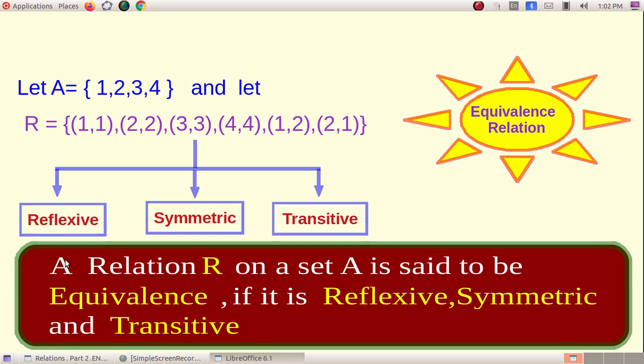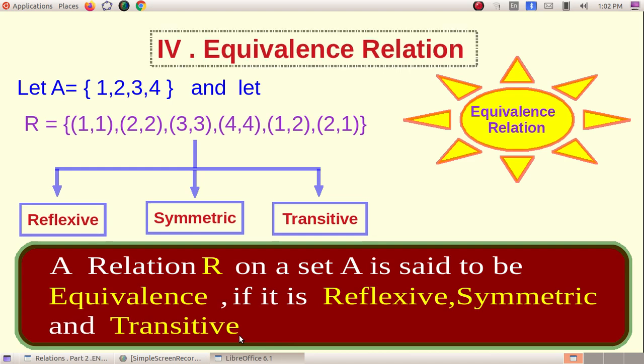Say with me, a relation is equivalence if it is reflexive, symmetric and transitive. Now we have learned what is an equivalence relation, that is the fourth type of relation. Now let us look at the important notes of the equivalence relation.